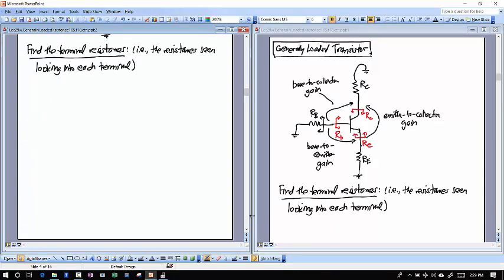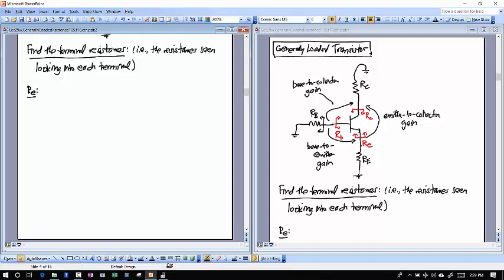Okay, so let's start with R little e. Okay, so R little e is this resistance seen looking up into the emitter of this transistor. Okay, this is a familiar problem. We already solved this problem.